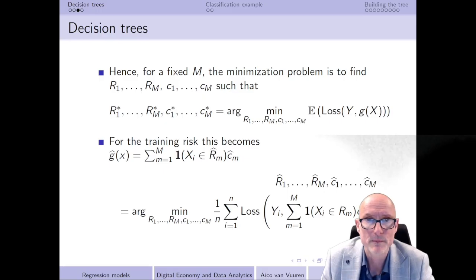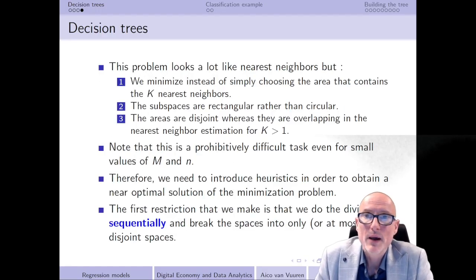As an intermezzo, you might already have seen that lots of the definitions that we have so far with respect to decision trees are quite in line with the definitions that we had with respect to nearest neighbors.